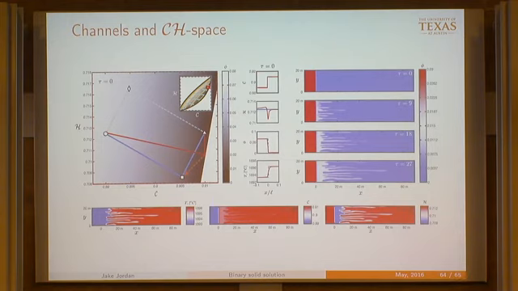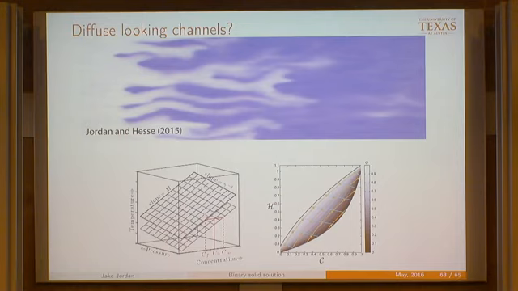So what I'm saying is this diffuse-looking morphology comes from the fact that you've got this spreading wave along this pathway that is increasing in porosity upstream.